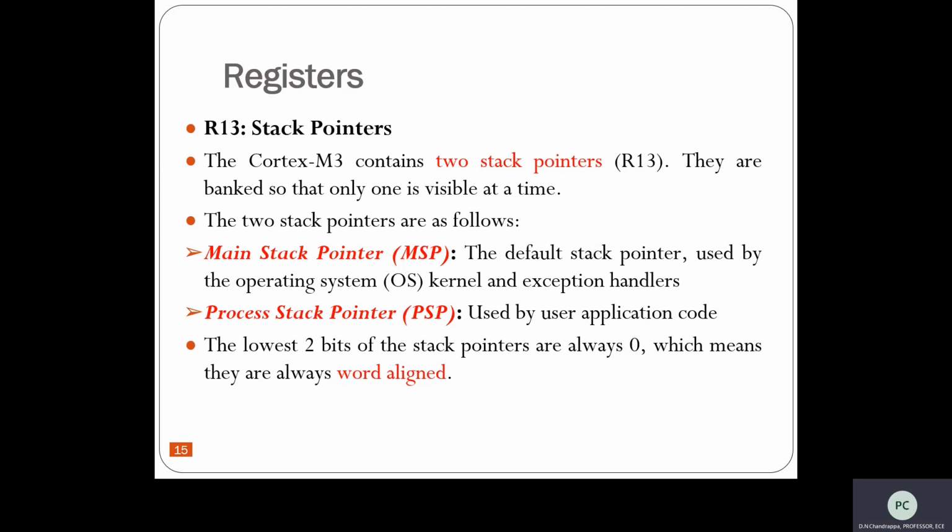Two stack pointers are banked so that only one is visible at a time. We can use only one at a time. The main stack pointer is used by the operating system, like the kernel and exception handlers. The process stack pointer is used by user application code. The lowest 2 bits of the stack pointer are always 0, which means they are always word aligned.